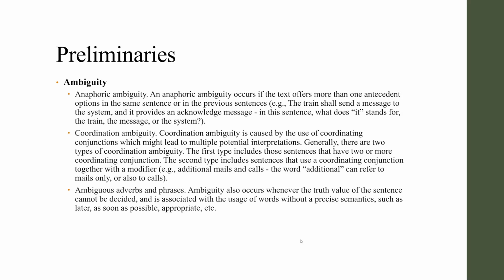The first type includes sentences that have two or more coordinating conjunctions. The second type includes sentences that use a coordinating conjunction together with a modifier. Ambiguity also occurs whenever the truth value of the sentence cannot be decided, and is associated with the usage of words without precise semantics, such as later, as soon as possible, appropriate, etc.